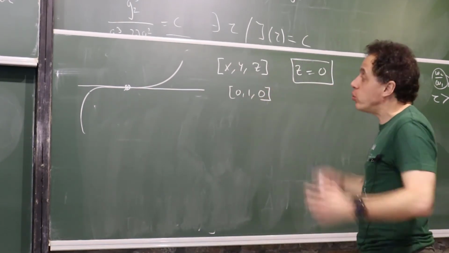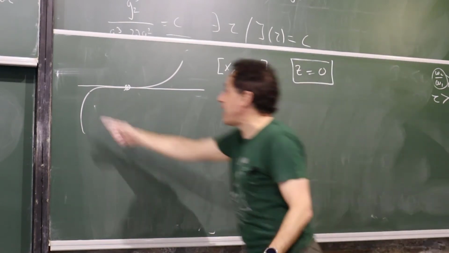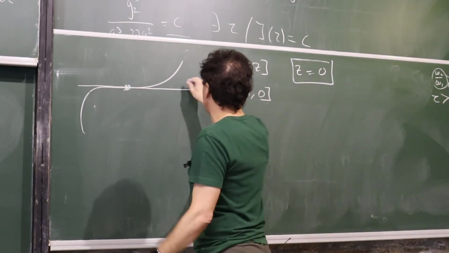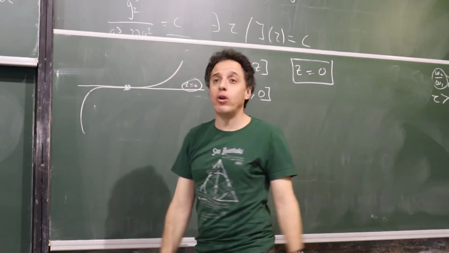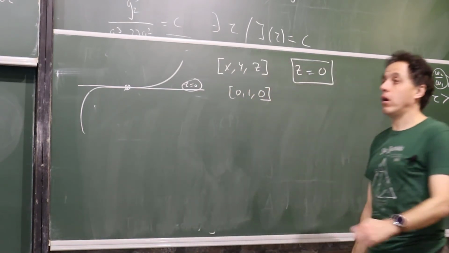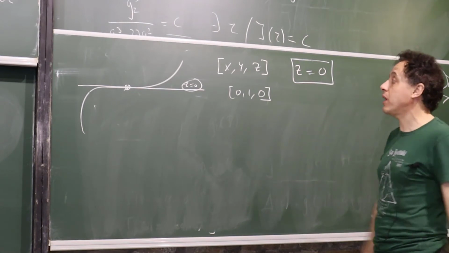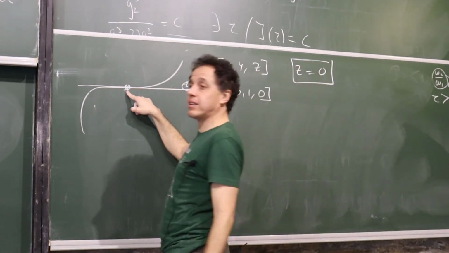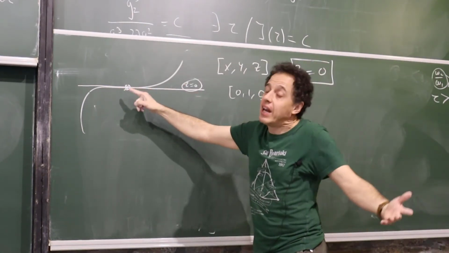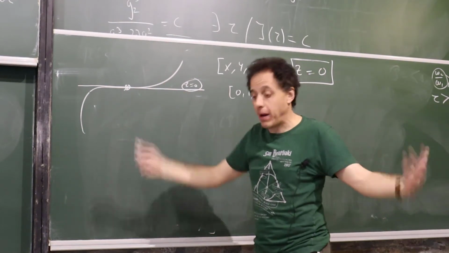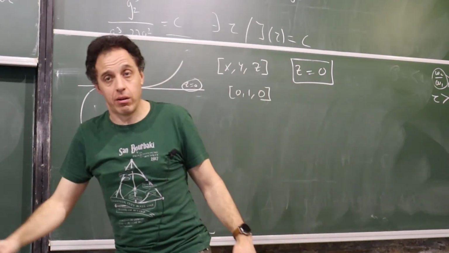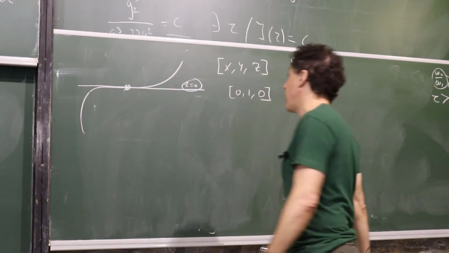And you take coordinates in such a way that this line here is the line at infinity. So the line at infinity only cuts your cubic in this point. As the order of contact is at least 3, and it's a cubic, it cannot be more by Bézout theorem, for instance.